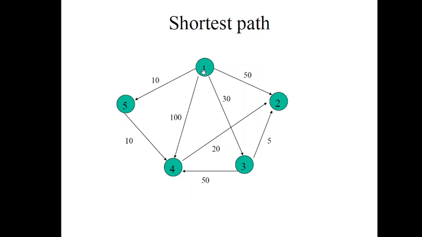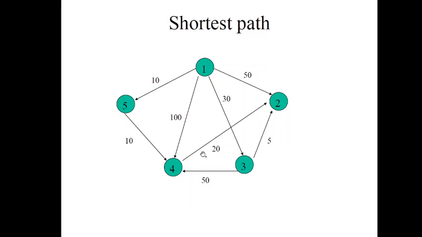You can also travel 1 to 4, then 4 to 2; the weight will be 100 plus 20, 120. You can also travel 1 to 5, 5 to 4, then 4 to 2. The weight will be 10 plus 10, 20, plus 20, 40 only.